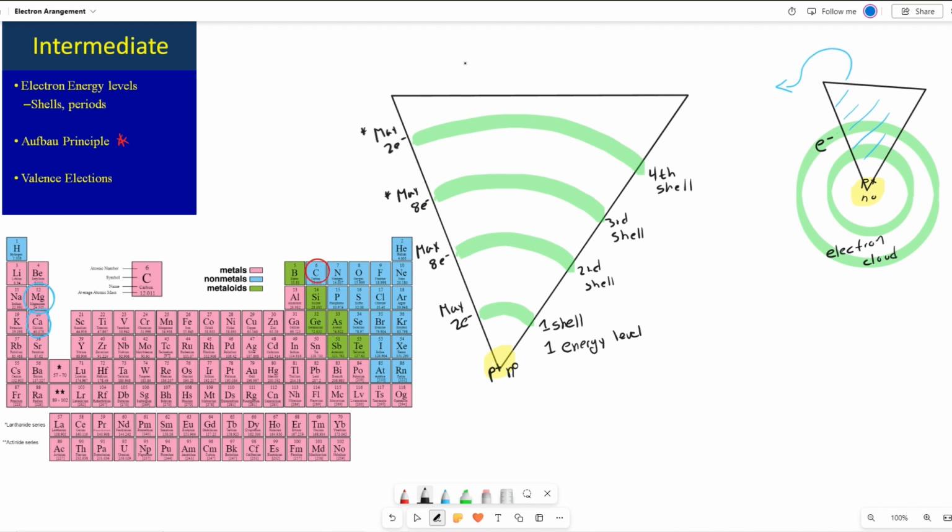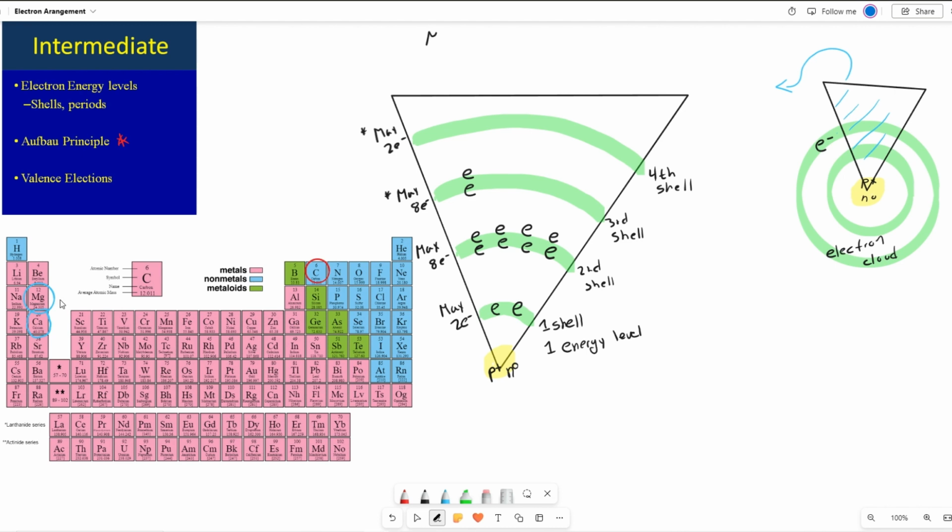So magnesium will have 2 electrons in its lowest energy level, and then it will have 8 electrons in the next energy level, the second energy level. You can see the first energy level can only hold 2 electrons, second energy level can hold 8. So now we have a total of 10 electrons. 8 plus 2 is 10. We need to get up to 12, so the last 2 electrons will go in the third energy level.